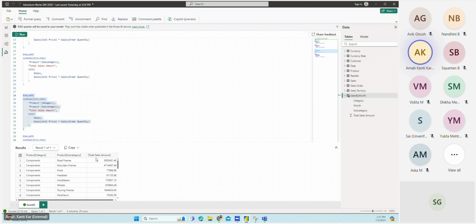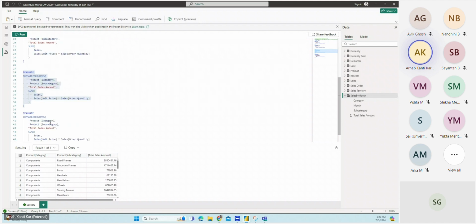But then there was another thing. What we wanted to understand is, okay, we understand the overall dollar amount, but is our business growing over time? Is our business shrinking? Is one product becoming more profitable? Should we put more money into that product?